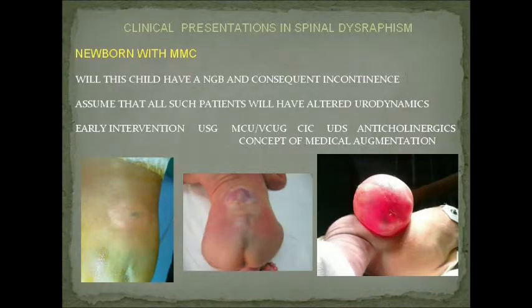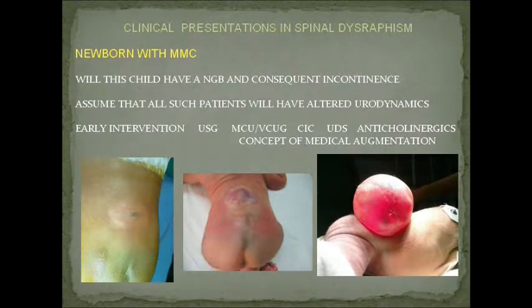The first scenario we are faced with when we think about a neurogenic bladder in spina bifida is, of course, the newborn with a meningomyelocele. You can have a range of lesions, from a small one to a giant bubble on the back.